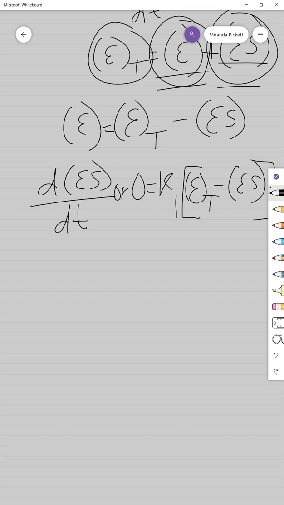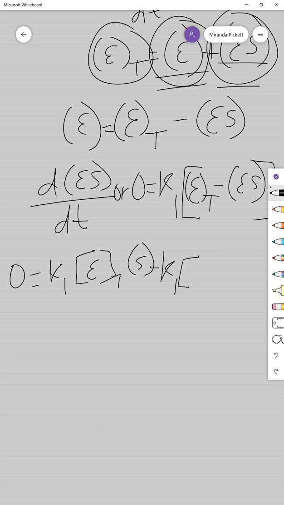And that's going to leave us with 0 equals K1 times our total enzyme times S, minus K1 times our ES again times S.